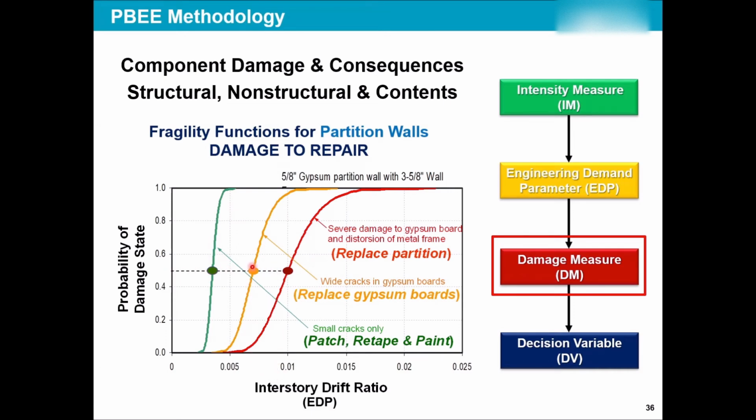For a higher interstory drift, there is a higher chance that you will have more damage and you have to replace the gypsum boards. It's not simply a repaint. For higher interstory drifts, for sure there is a 50% chance that you have to replace the partition. So anyone, by looking at the fragility curve, can have a good understanding of what kind of damage to expect.